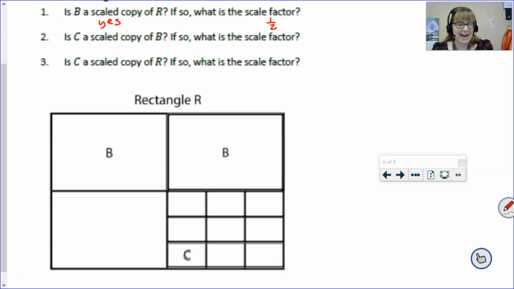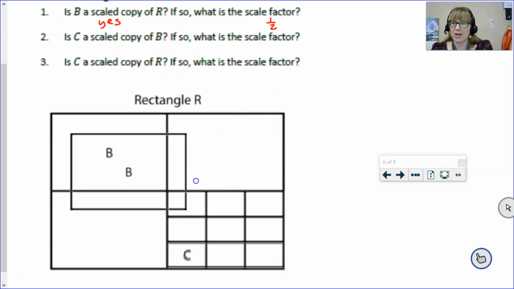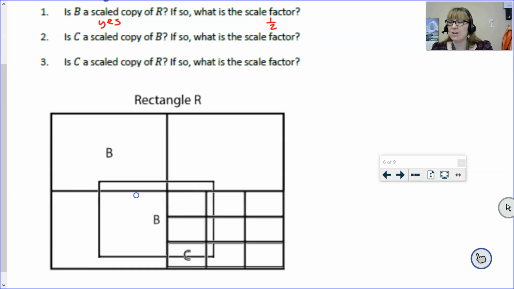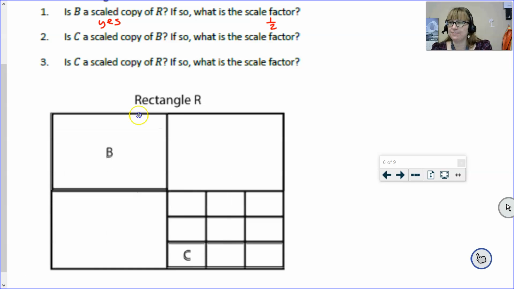So this is half of R. We did the same thing this way as well, where I took the height of rectangle R and folded it hot dog style, cut it in half. So again, I split both the height and the width in half, so the scale factor is 1/2.